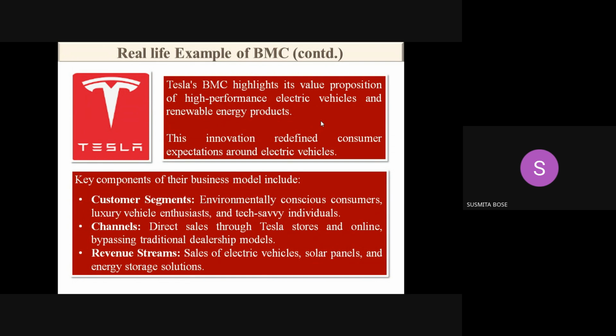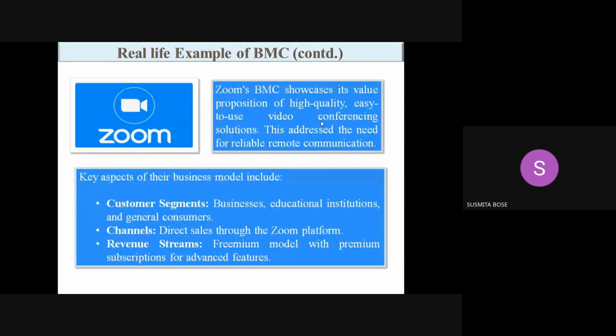They have used direct sales through Tesla stores and online, bypassing traditional dealership models, for their channels. And for revenue streams, they generate revenue from sales of electric vehicles, solar panels, and energy storage solutions.